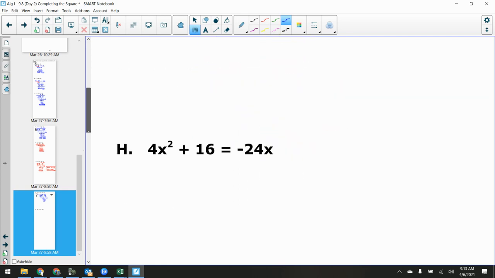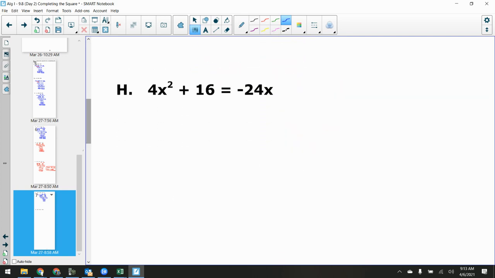Do one more. This almost looks like it's set up. It's not set up yet. Now look, x is on the right side, 16 is on the left side. This is all messed up. I add the 24x. That gives me 4x squared plus 24x plus 16 is equal to 0.